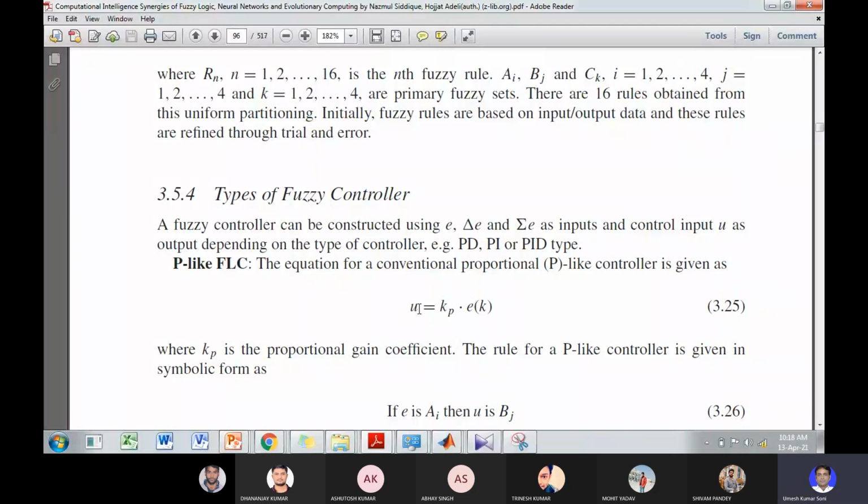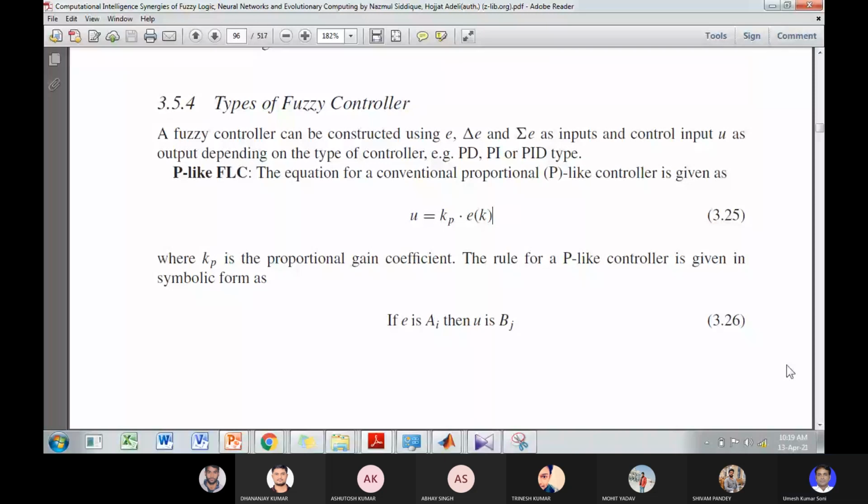In that condition, our duty cycle should be changed to a high value, so that the converter switching duty cycle is high and the output voltage changes to a higher value.